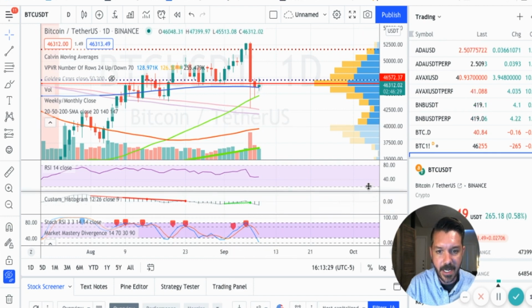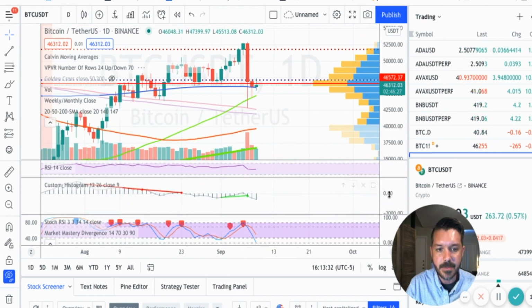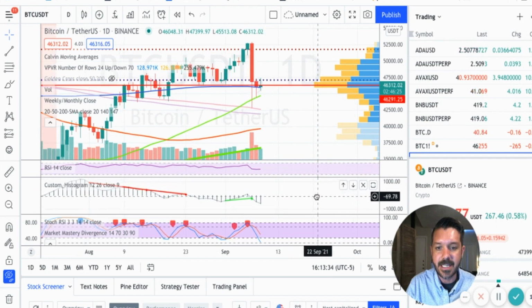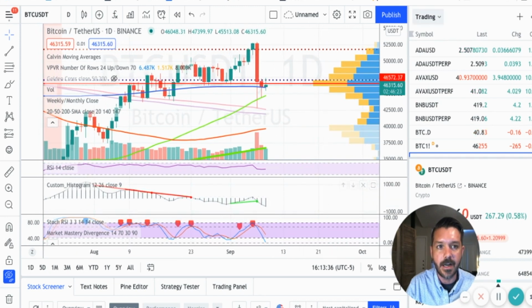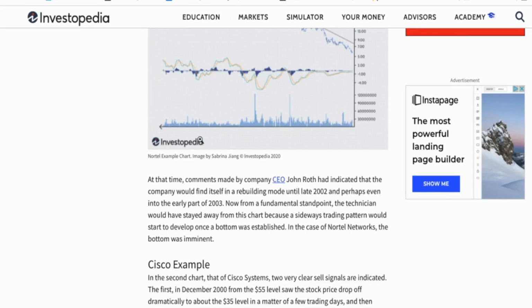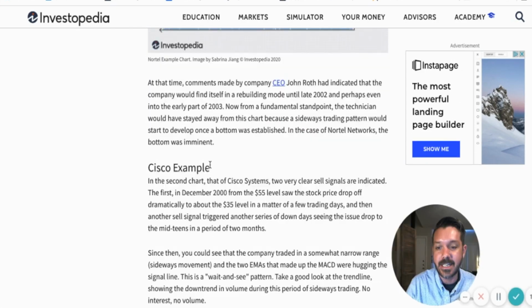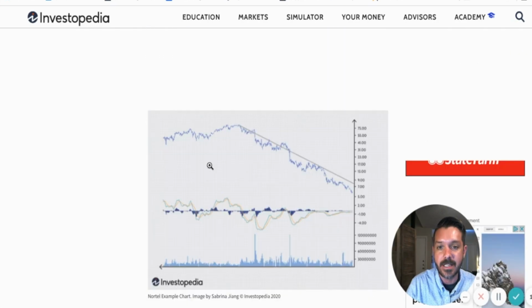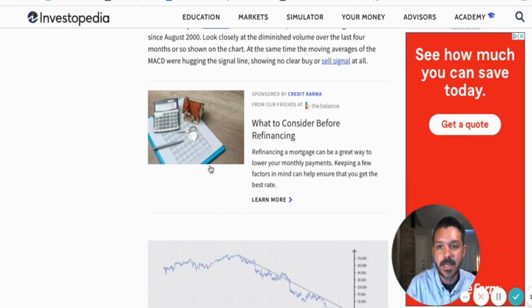Below that, I've got the histogram. So the histogram, again, is just another indicator of momentum. I'm butchering it, so do your own research on what these things actually are. I can explain it not as well as I can use it as a signal.